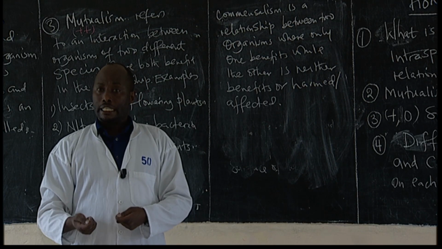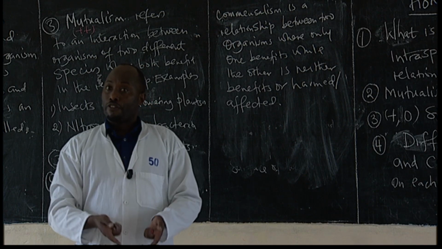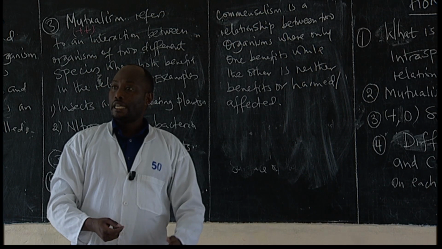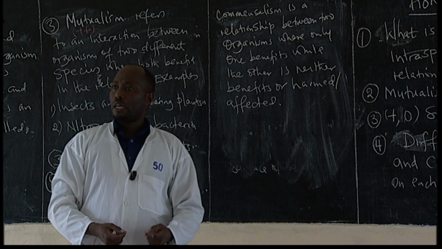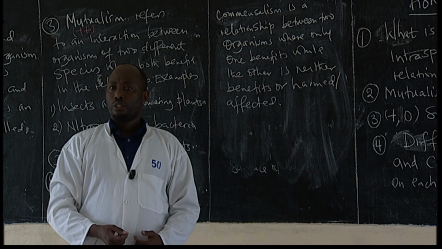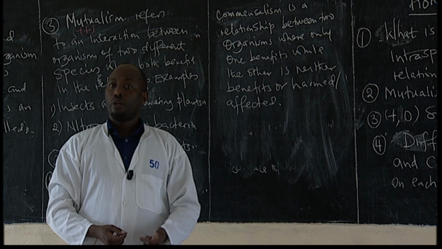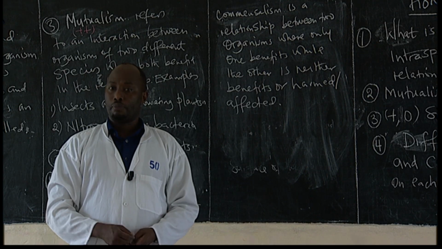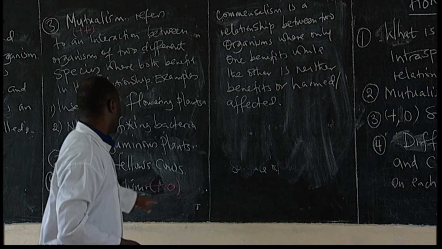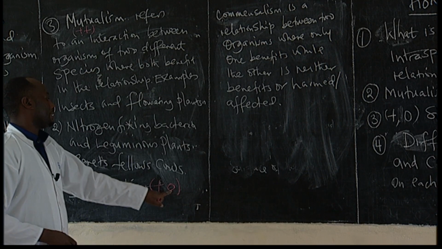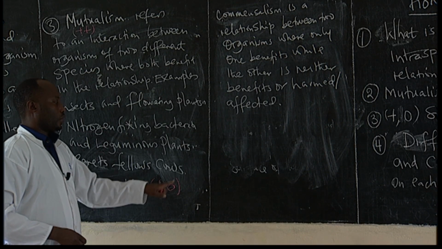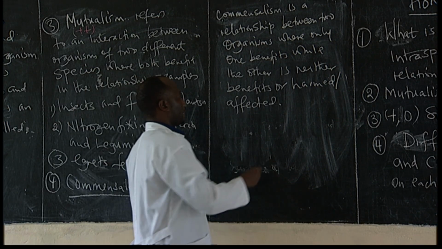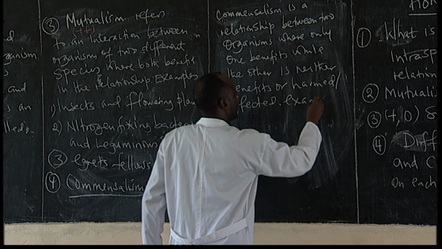When you eat bread, and some of the leftovers fall on the floor, the bacteria get something to eat, but you are not harmed at all. It is getting the food, and you are neither affected nor harmed. That's why I use the symbol plus. One will benefit, another is neither affected nor harmed.